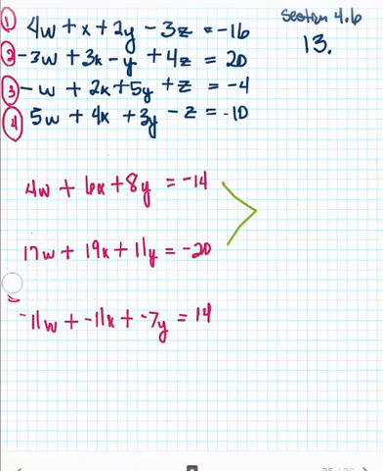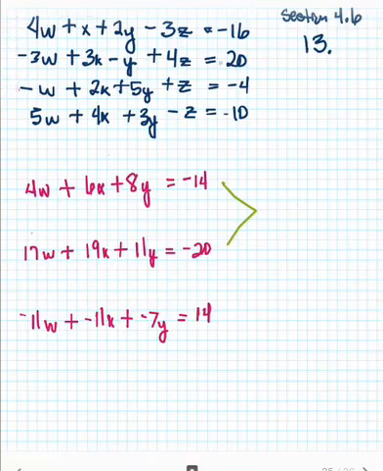I've used all those. I've reduced this 4 by 4 to a 3 by 3, so I really don't need these anymore. So now this is equation 1, this is equation 2, and this is equation 3 in my 3 by 3, okay?